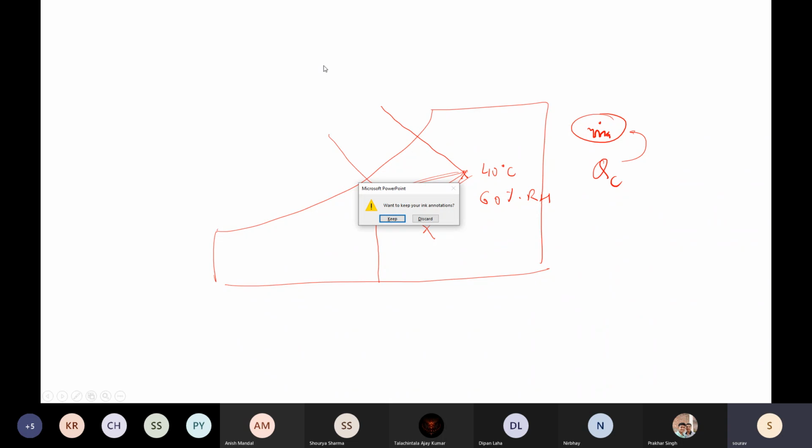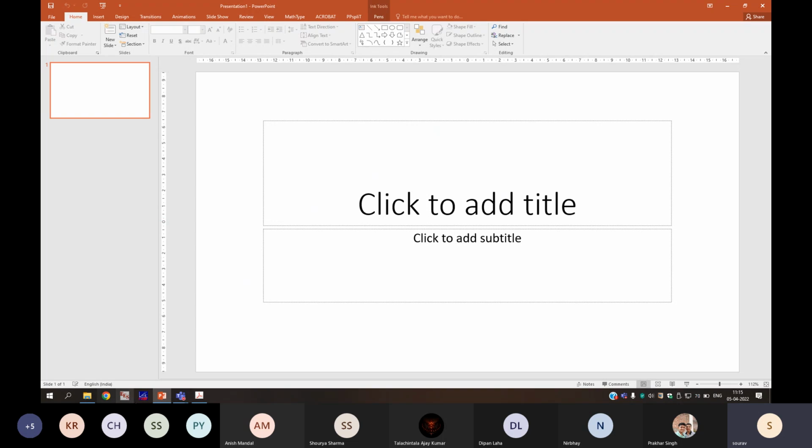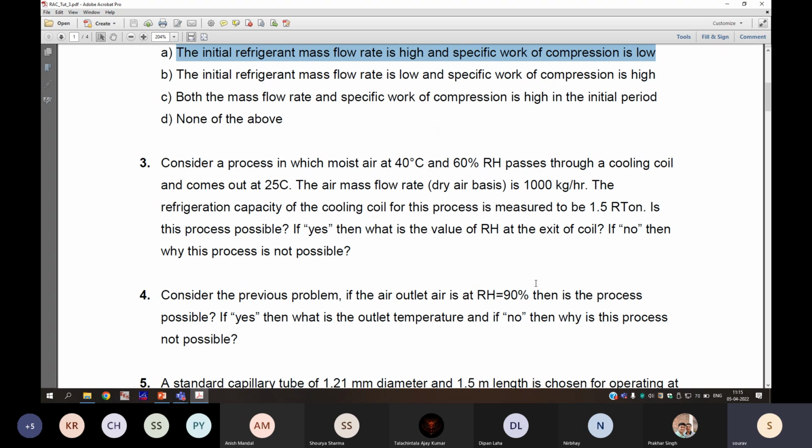Okay, let's see, then I'll have to solve the problem completely now. Can anyone tell me at least quickly what is the specific enthalpy difference? 42 kilojoule per kg? Okay.